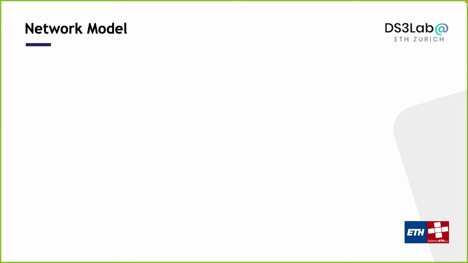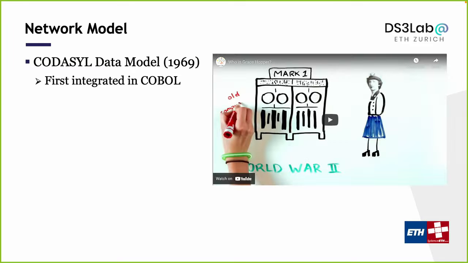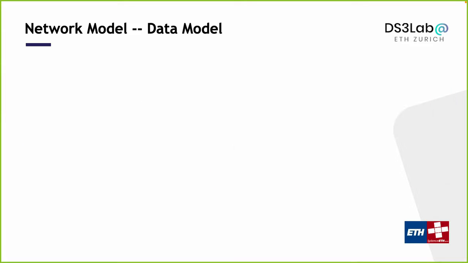It's actually much more flexible compared with the hierarchical model. So the first implementation was in 1969, integrated into the COBOL programming language. Let's look at how it works, what the advantages are, and what the limitations are.